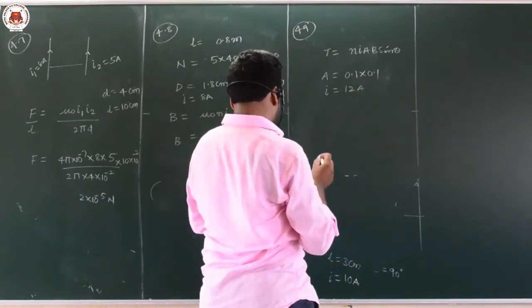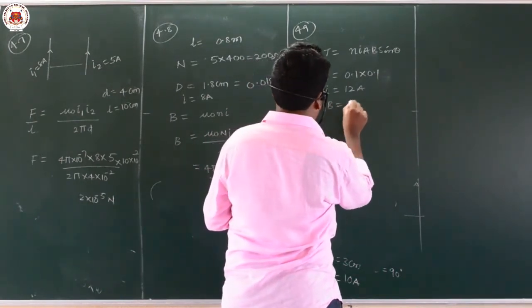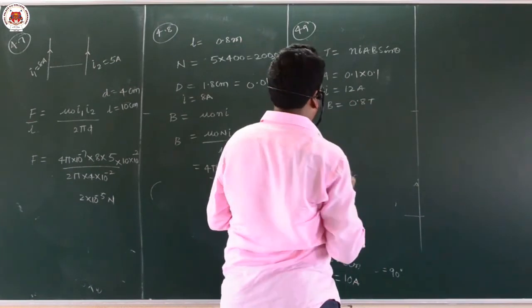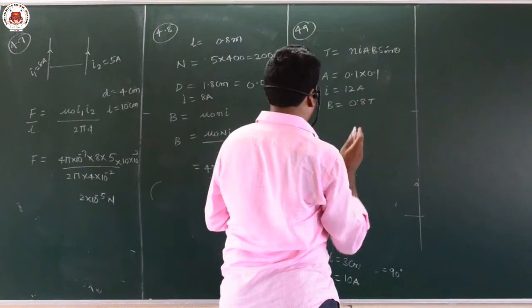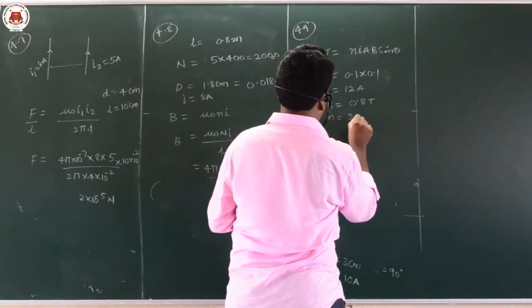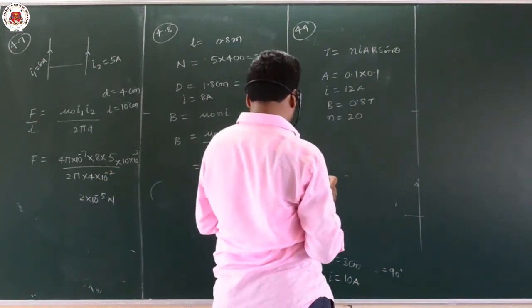Then B is equal to 0.8 Tesla. Sorry, number of turns is 20 turns. And next, what is the magnitude of torque experienced?